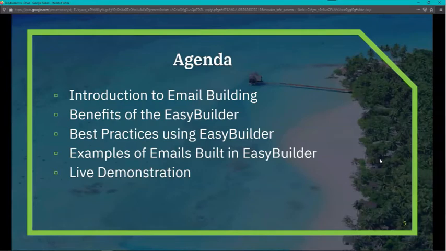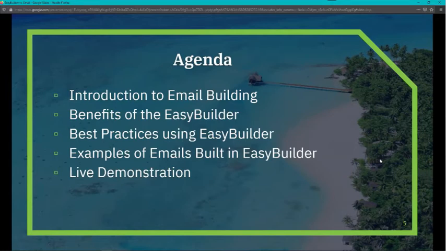Then the components that comprise the EasyBuilder, and your main benefits of the EasyBuilder, as there are many, especially working in Green Rope. So we'll do some heavy encouragement here. I'll also include some best practices for using the EasyBuilder, as there is general knowledge that you'll want to know, especially creating the templates.